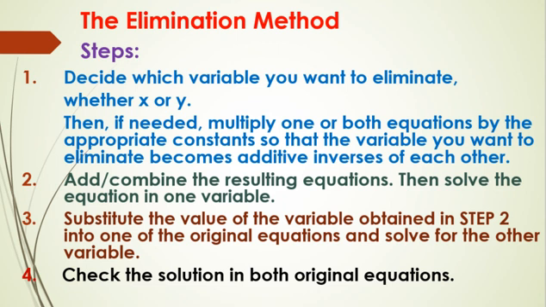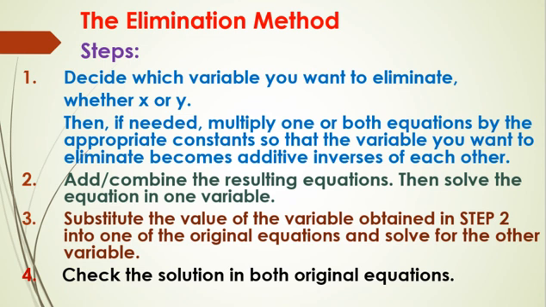Then, pag natanggal na yung variable x, sa step number 2, isosolve mo siya for y. Then, sa step number 3, pag nasolve mo na yung y, isosolve mo naman yung value ng x.